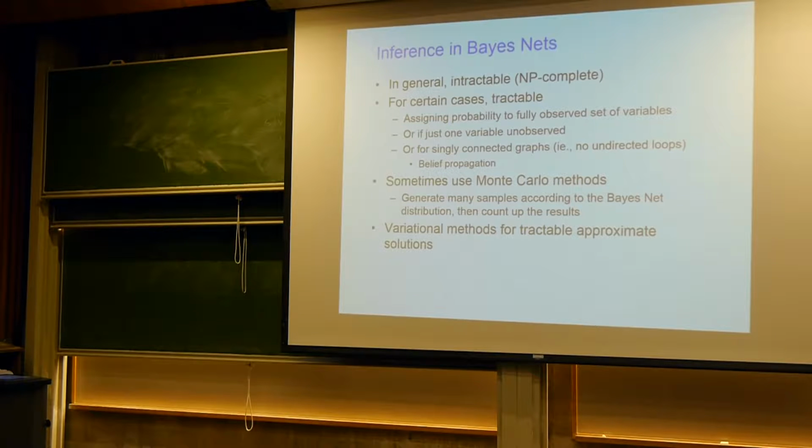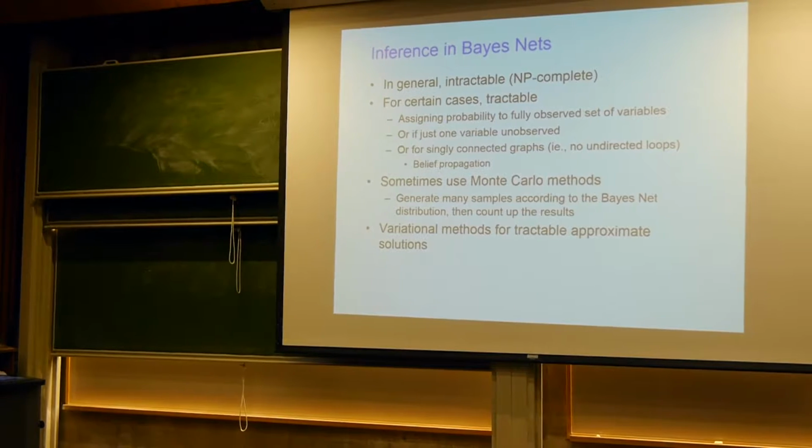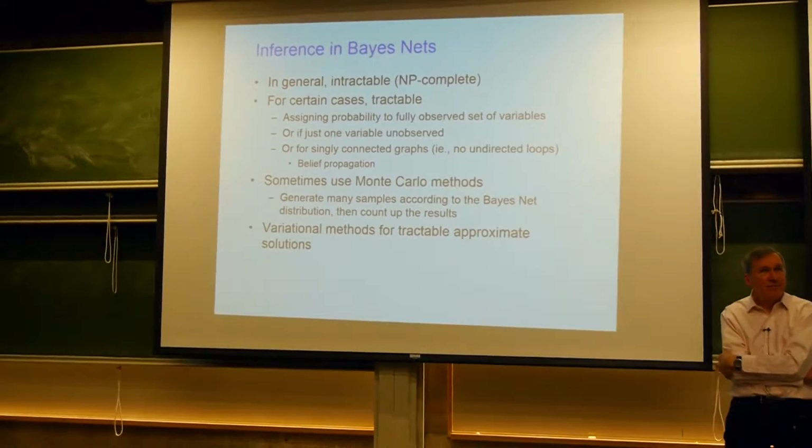One way to see that is, remember our default method for calculating any probability term is just to look at the table of the joint distribution. And of course, there can be an exponential number of rows in that table, exponential in the number of variables. Right?